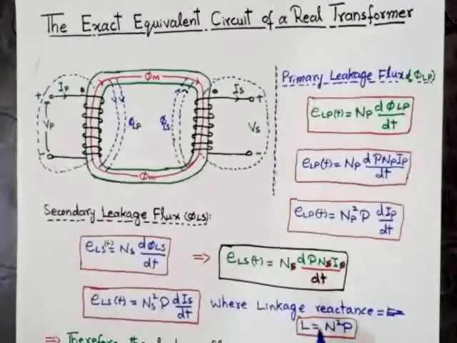The leakage reactance, that is L, is equal to N square into P. P means the permeance, N means the total number of turns. The combination of these two is called the leakage reactance. So this is the important factor, this is the important equation.